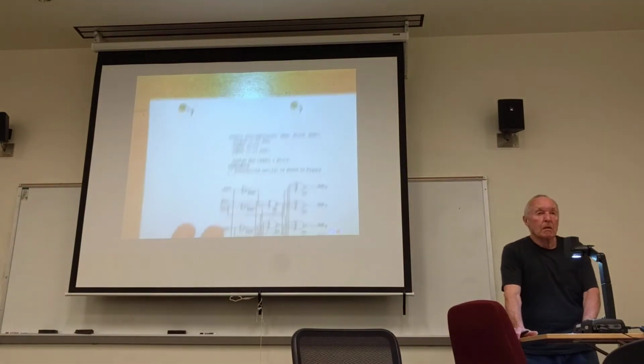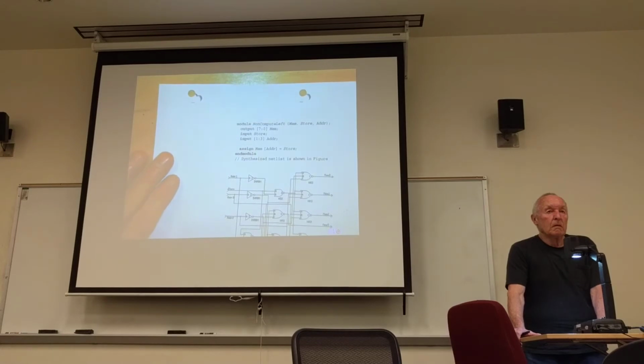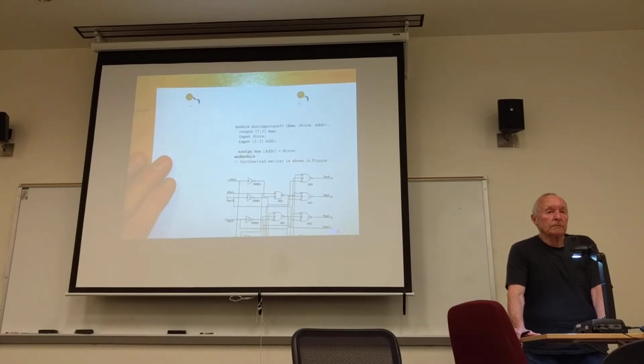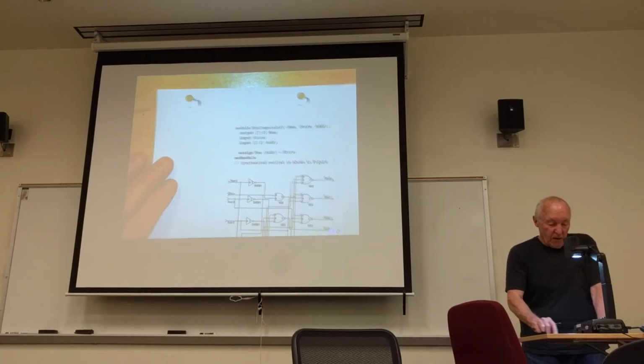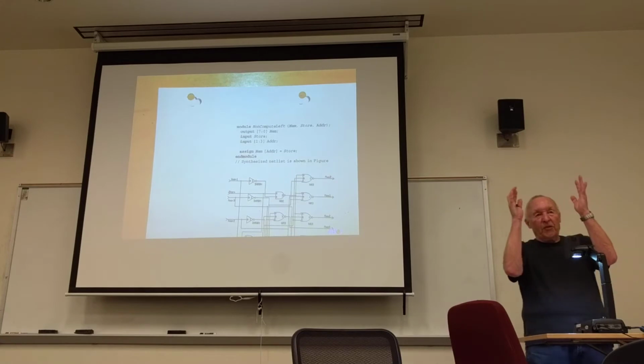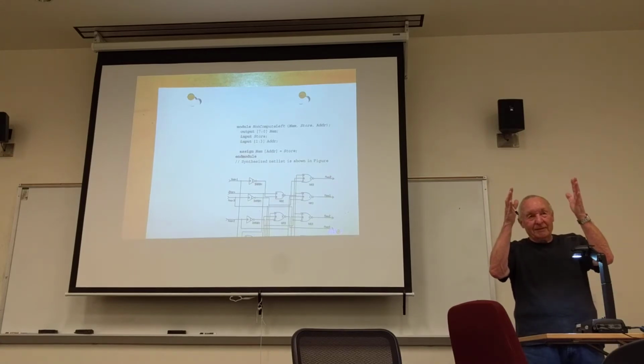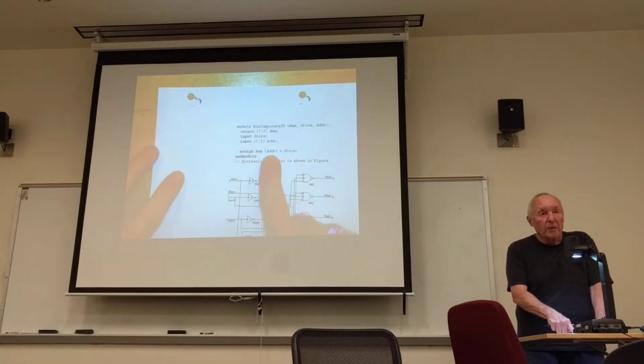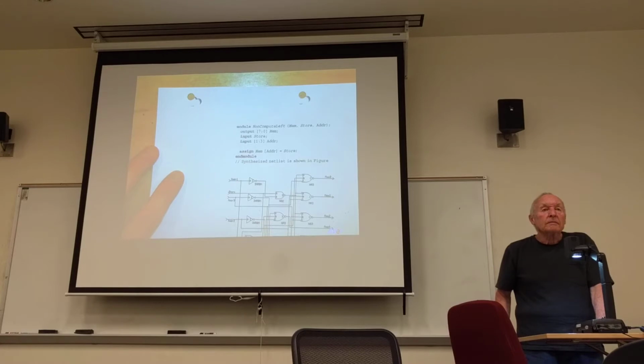Question, how is that different than when you mentioned you cannot have a variable on your left-hand side? That's not a part select, that's a bit select. Okay. Remember, the part select, you're specifying a range of bits. Here, I'm just specifying 1 bit position, whatever address happens to be. Okay.